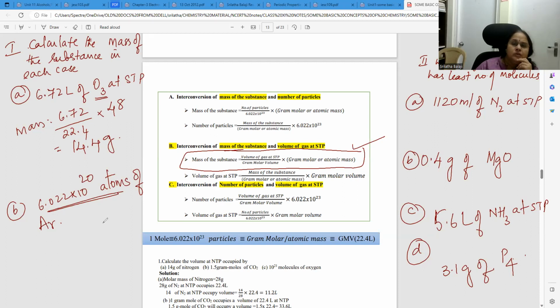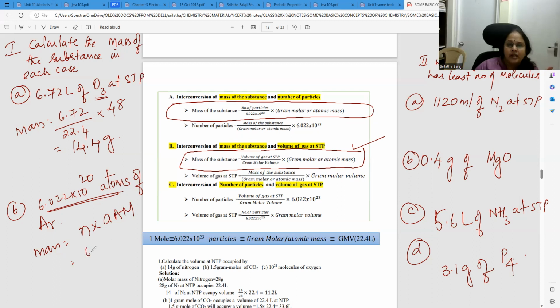So, which formula should I use? Mass is equal to number of moles into gram molar mass. So, how do we calculate the number of moles here? It is number of particles divided by Avogadro number. Into, what is the atomic mass of argon?